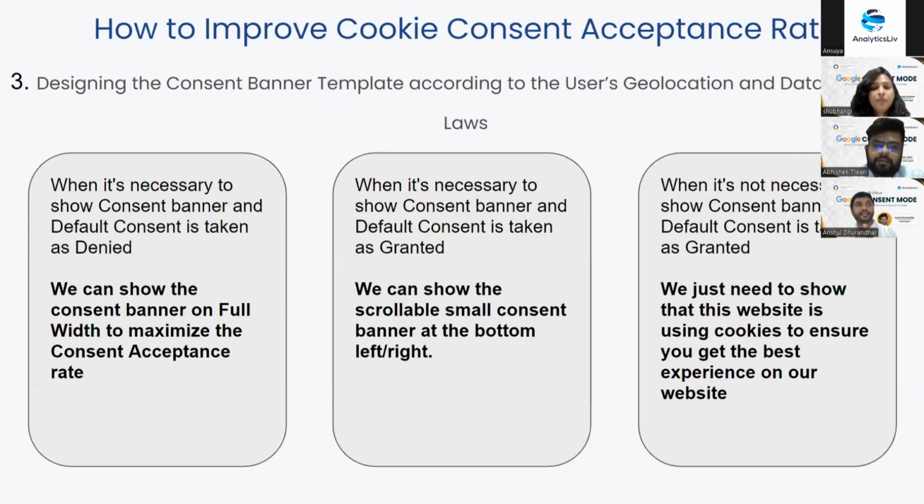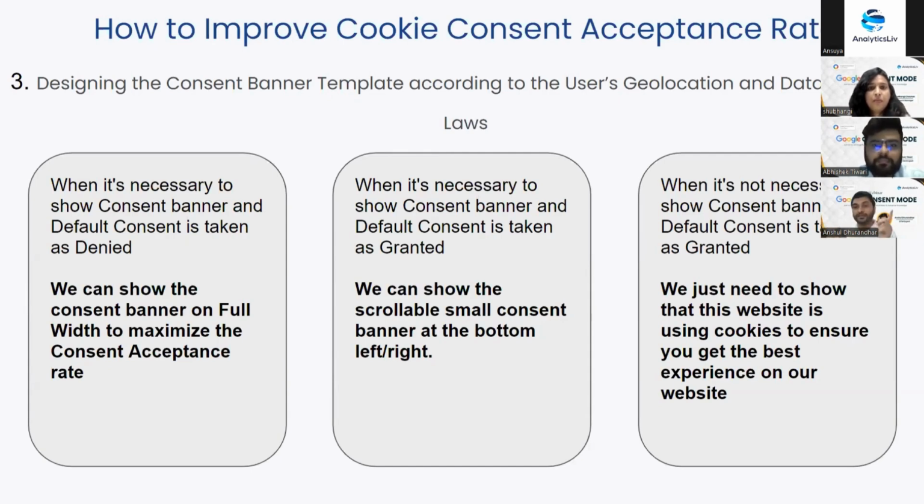First, where it is necessary to show the consent banner and default consent is taken as denied. I'm not talking about default consent, but about the updated consent. Default consent for every region will be denied as always for advanced consent mode. But there is also one consent signal, the update signal, which we should not push until they provide consent.